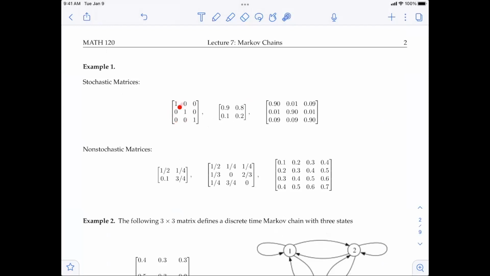This matrix right here is a stochastic matrix because the numbers are between 0 and 1, and the sum of each column in the matrix adds up to 1. Similarly, this 2 by 2 matrix has entries between 0 and 1, and the sum of each column also adds up to 1. Similarly for this particular case.